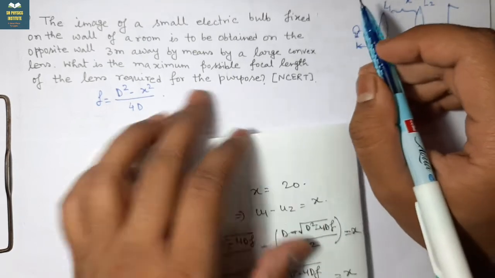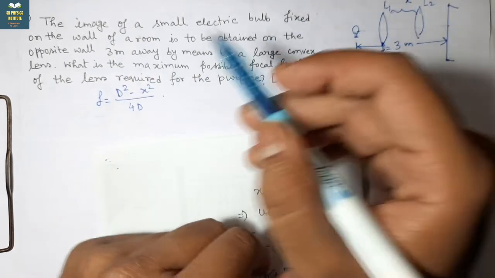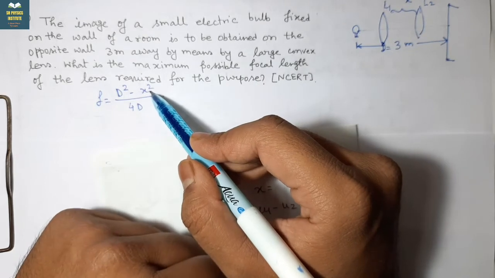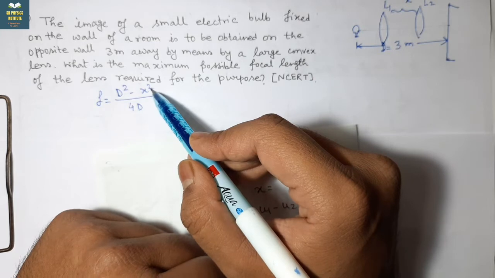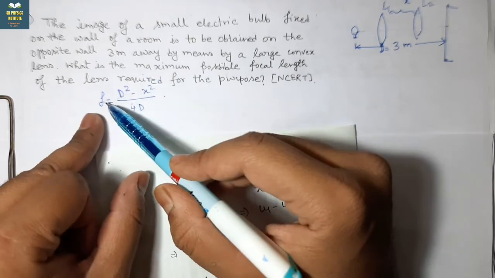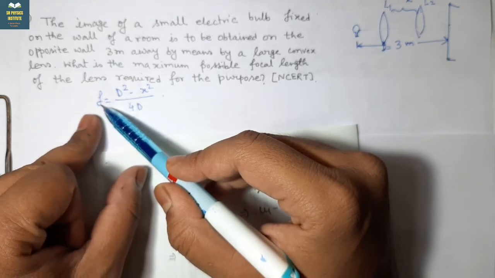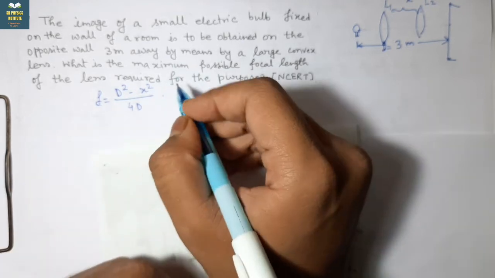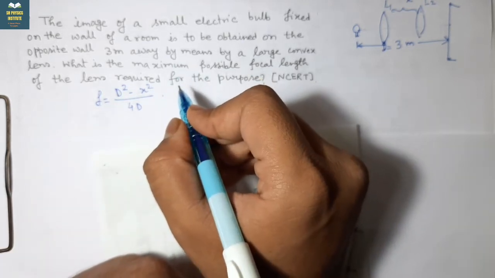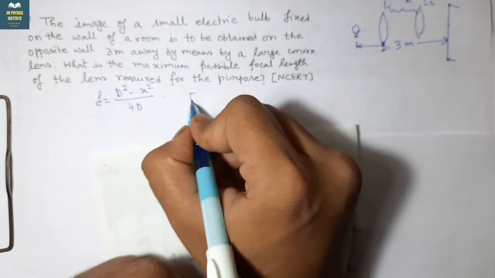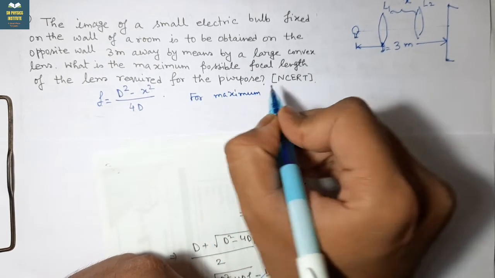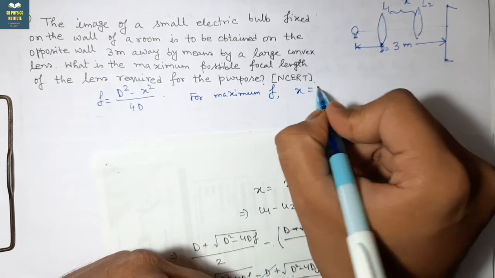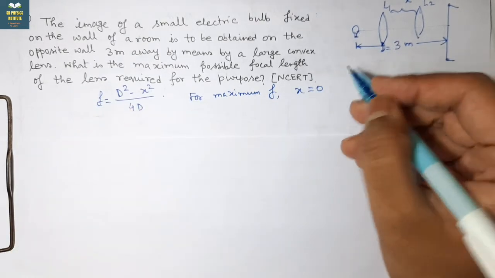Now maximum possible focal length, try to understand: if x has any value, then the focal length will decrease. So for maximum focal length, I am writing here, x must be equal to 0.